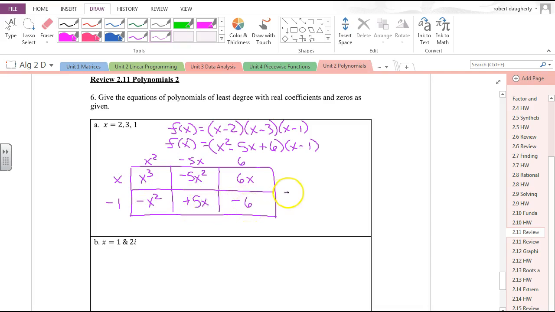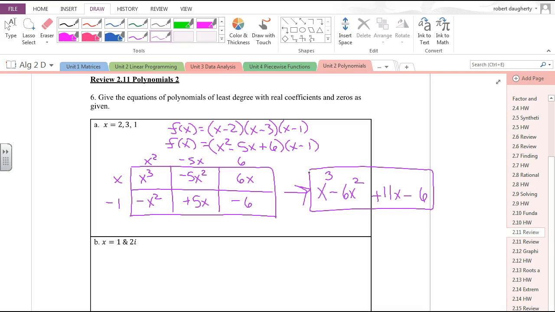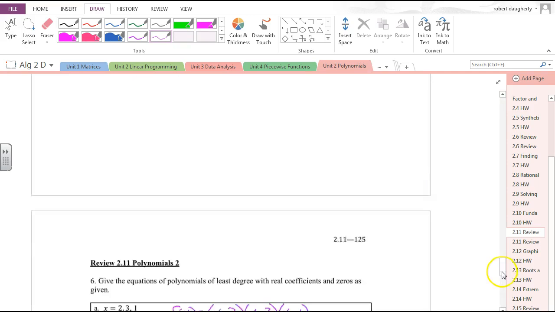So if I do this, my final answer will be x cubed, and it looks like I've got minus 6x squared plus 11x minus 6. Okay, that is my cubic polynomial that has zeros of 2, 3, and 1.